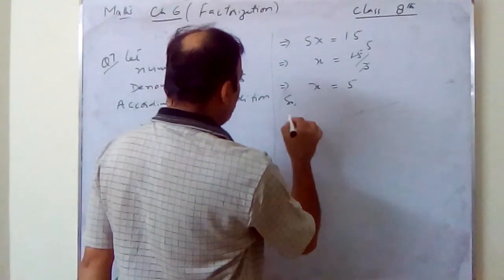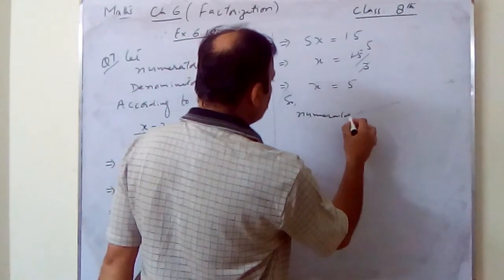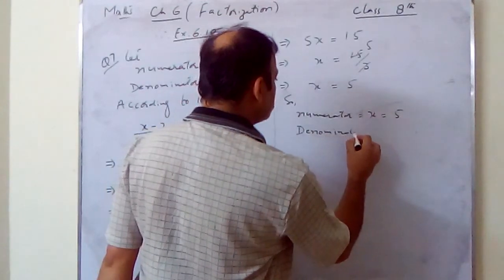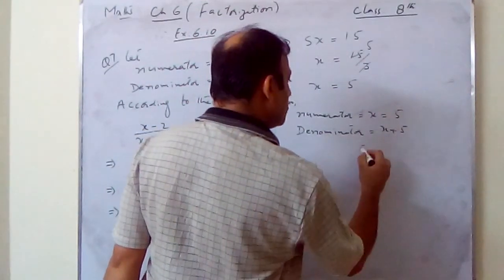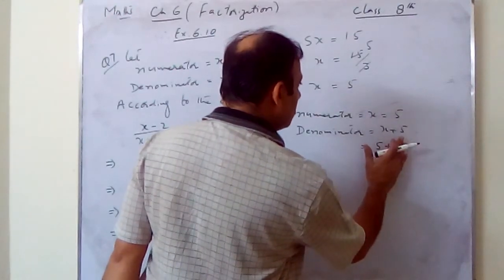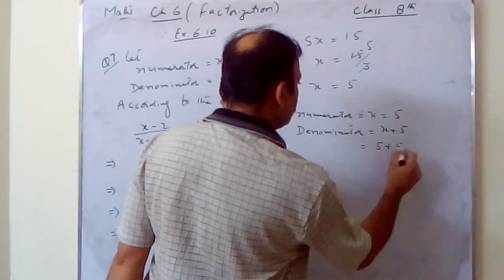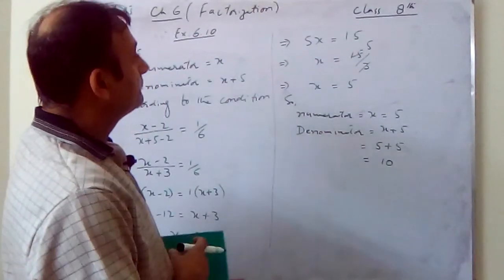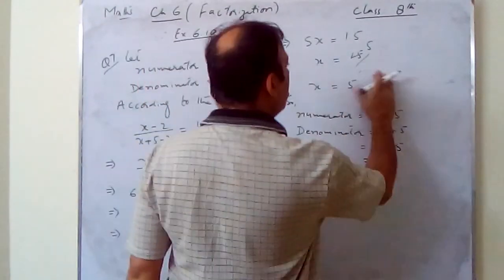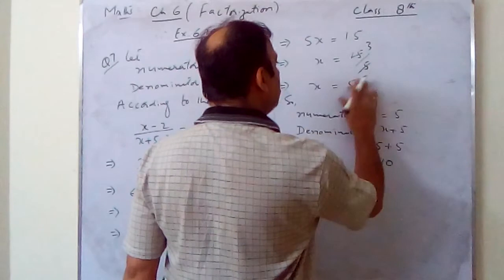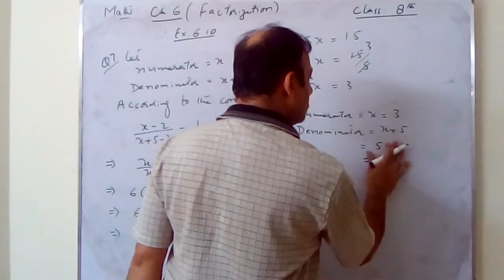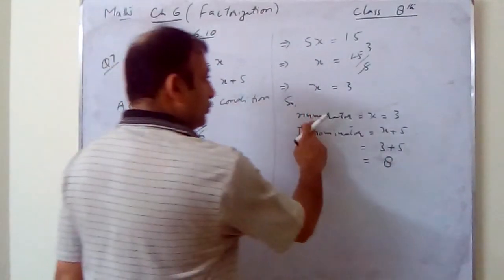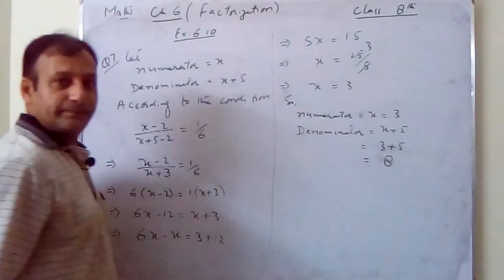So numerator is equal to x, that is 3, and denominator is x plus 5, so 3 plus 5, 8. Numerator is equal to 3, denominator is equal to 8.